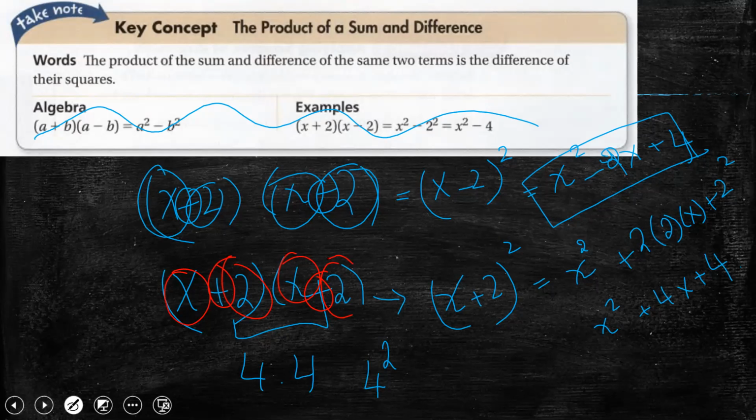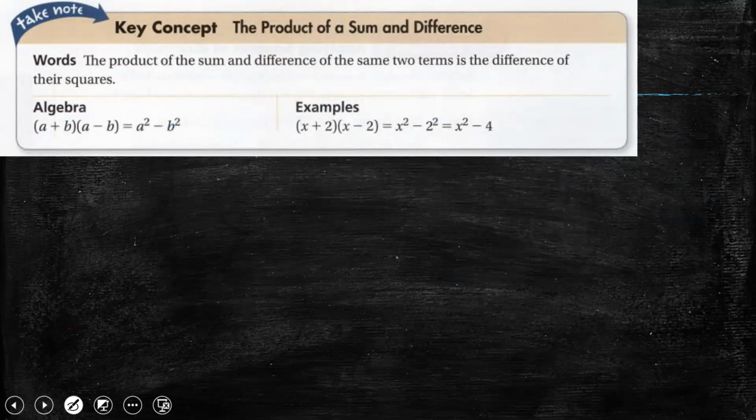Now, what about if we have two functions and these two functions have the same terms, like x and 2 and x and 2, but one is a plus and the other is a minus. I told you a rule if they are plus, plus.